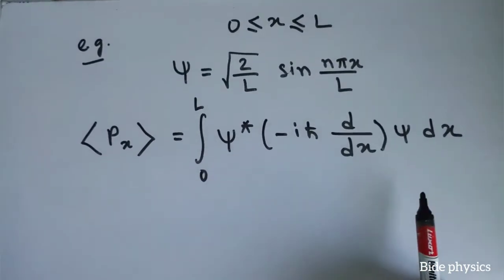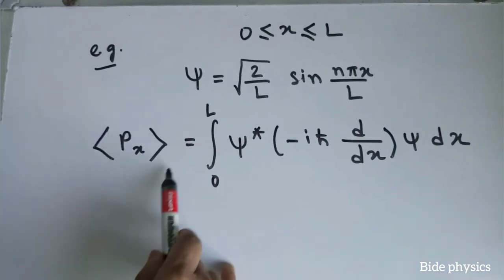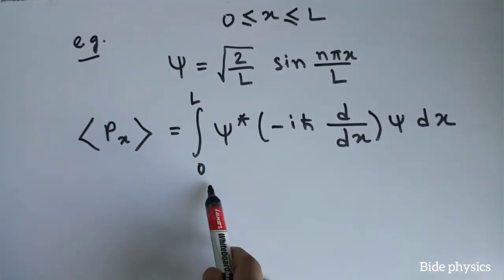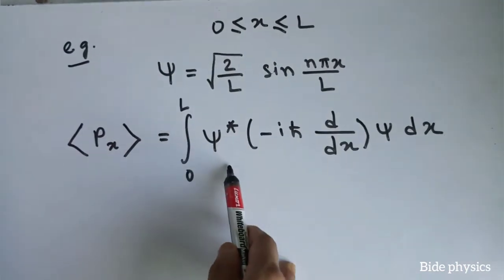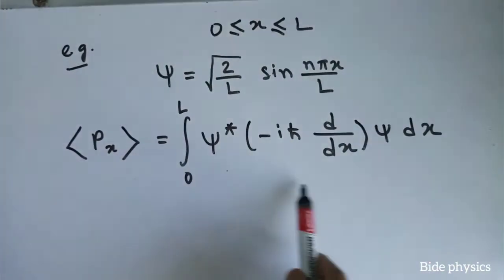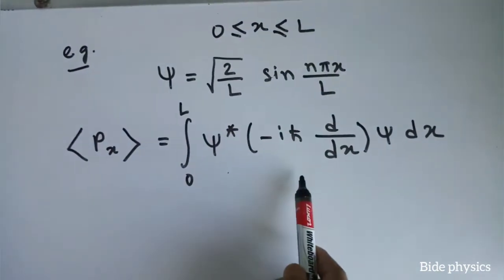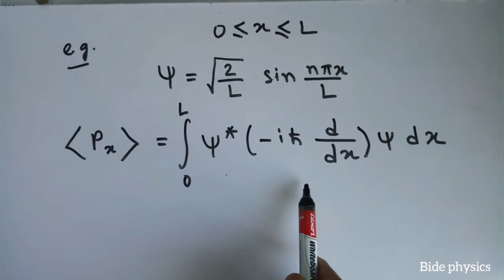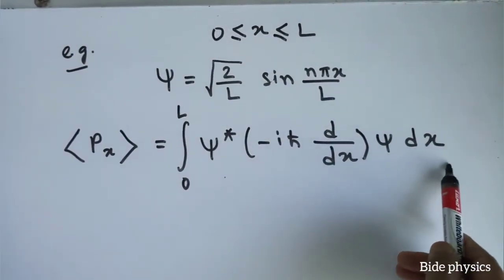We have to write the expectation value of momentum px within this symbol, integration 0 to L psi star, and you know this is the operator form of your linear momentum, psi dx.